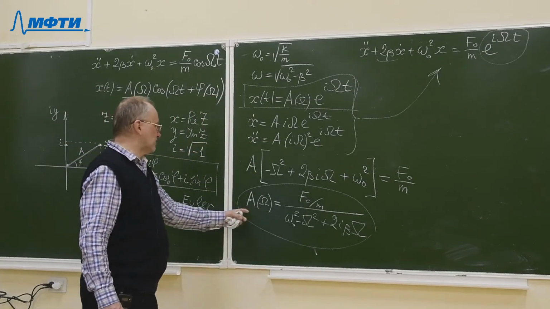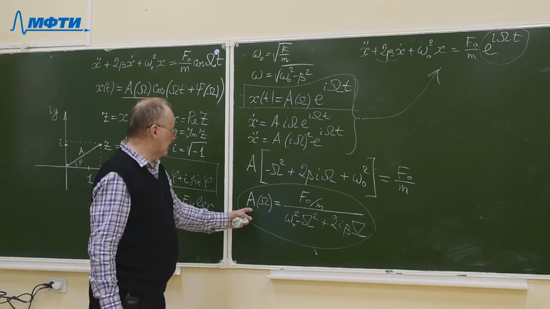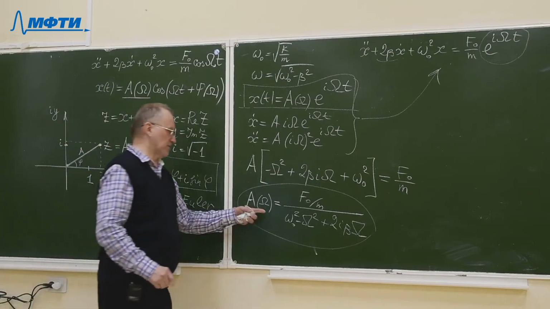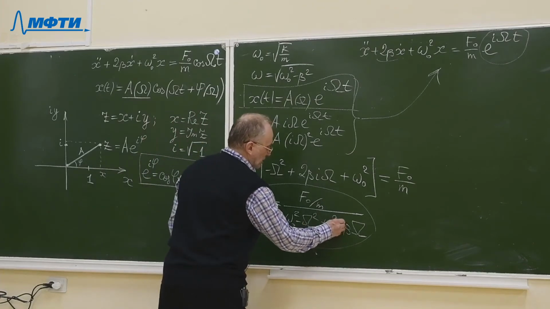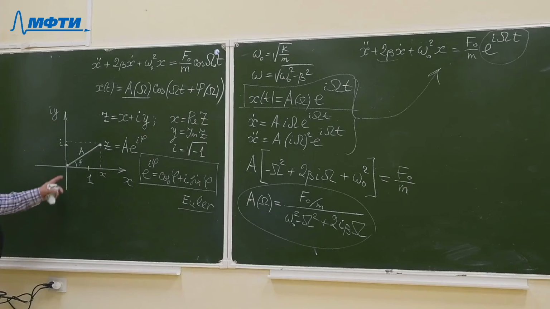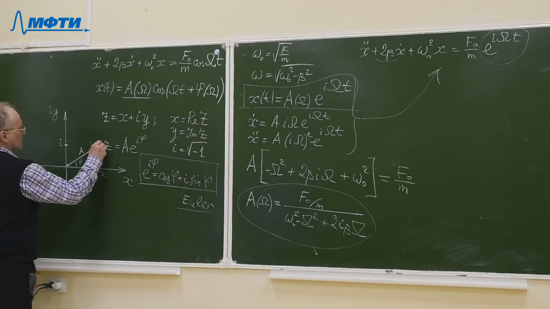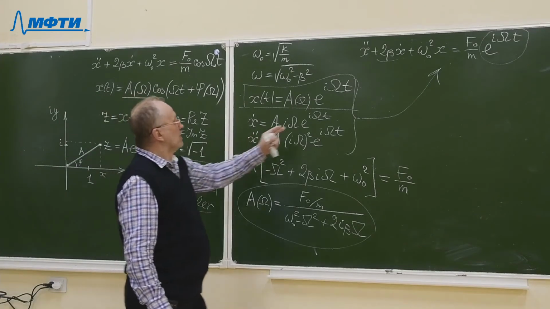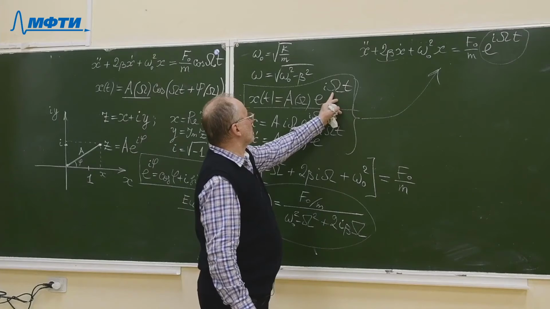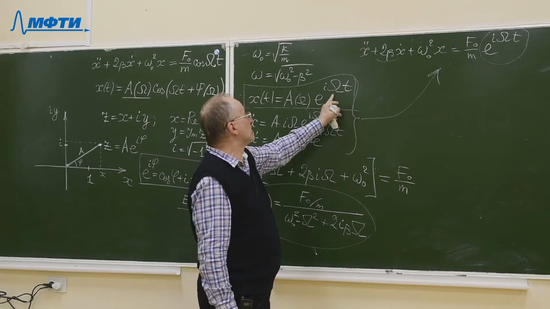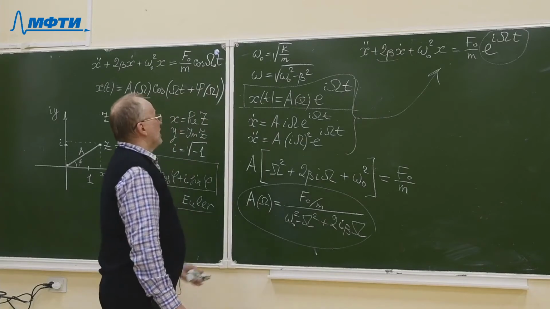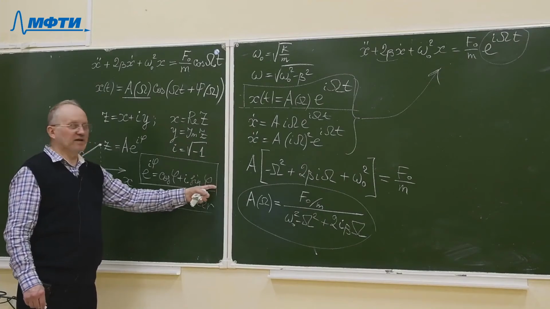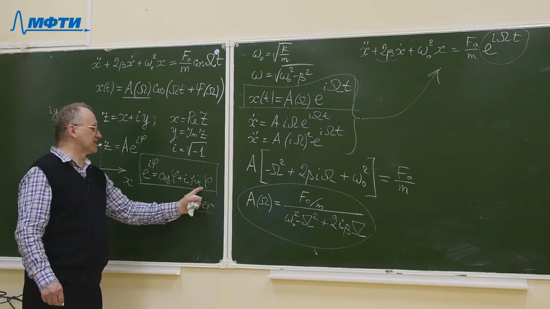So how now to find the actual amplitude? This is a complex number because we have here a complex unit. So if we have an arbitrary complex number and its argument is changing in time in this way, and the complex exponent is defined as cosine phi plus i sine phi, that will be cosine omega t plus i sine omega t.